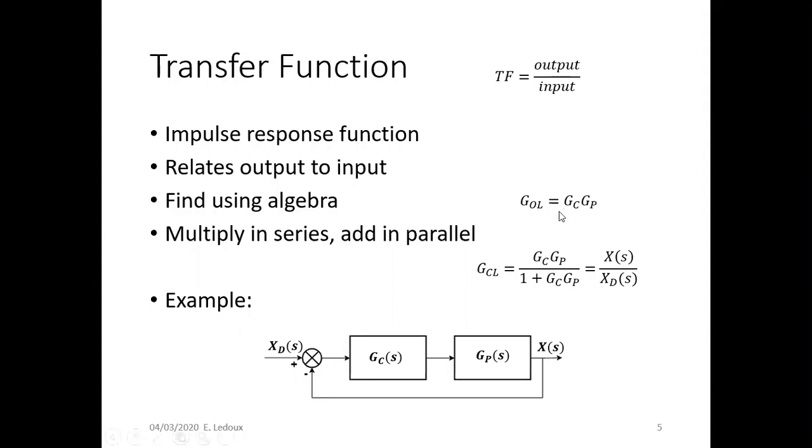So they multiply in series, add in parallel. G represents the transfer function. So if they multiply in series, then here we have a G_C, the controller transfer function, times the plant transfer function, equals the open loop. The open loop transfer function would just be this thing if you didn't have that feedback line.